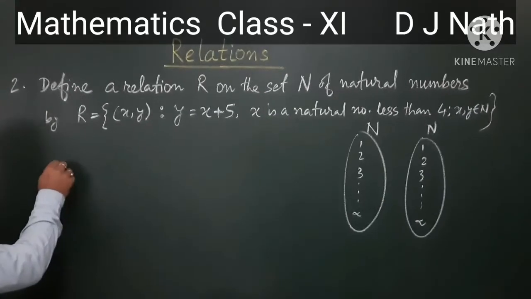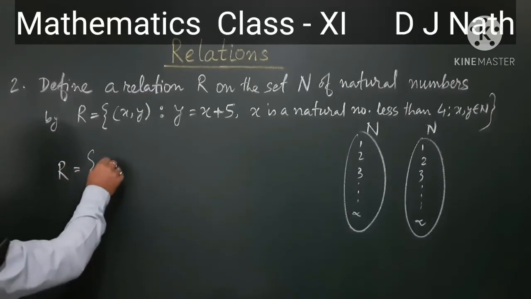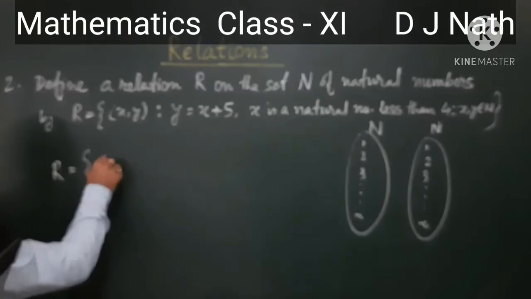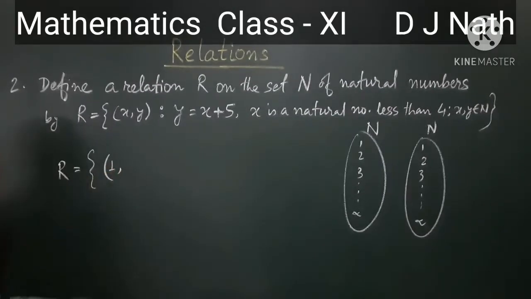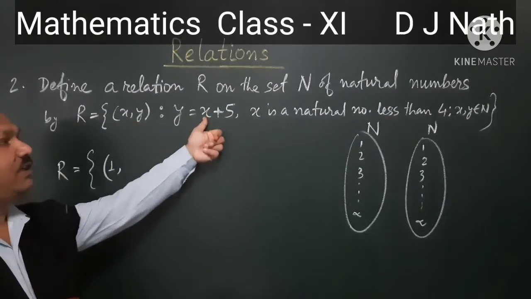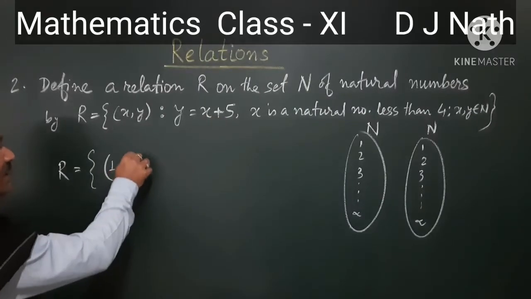So what will the relation be if we write it in roster form? x can have 1. If x is 1, then y must be 1 plus 5, which is 6.